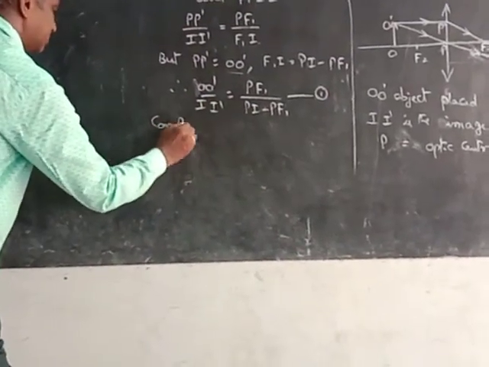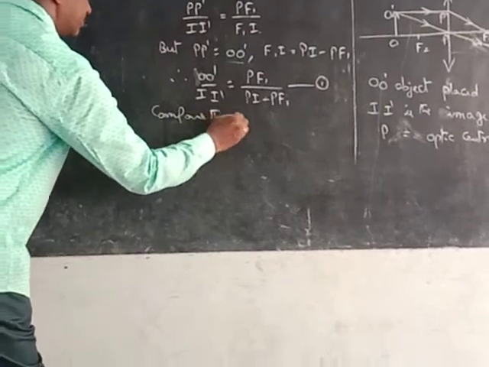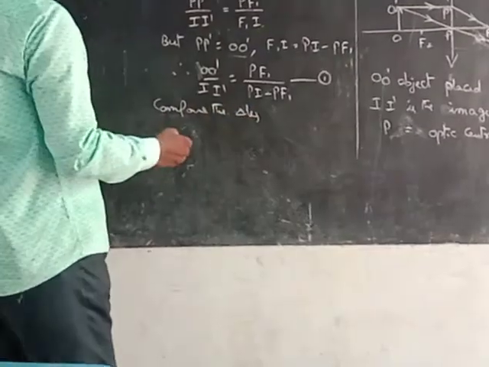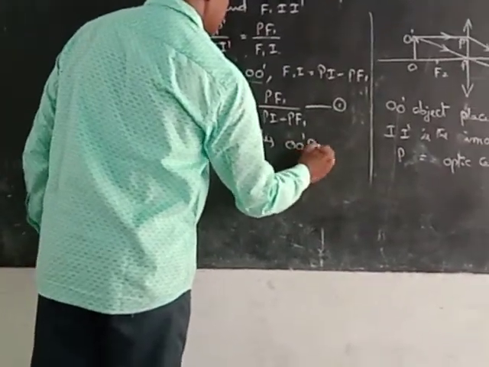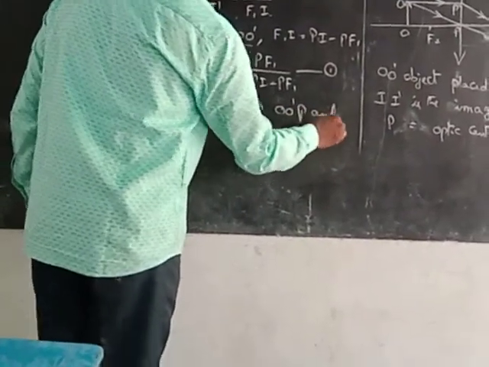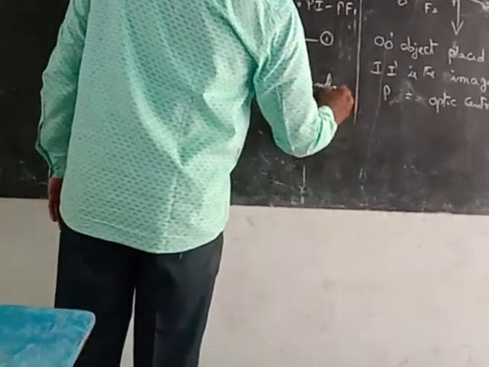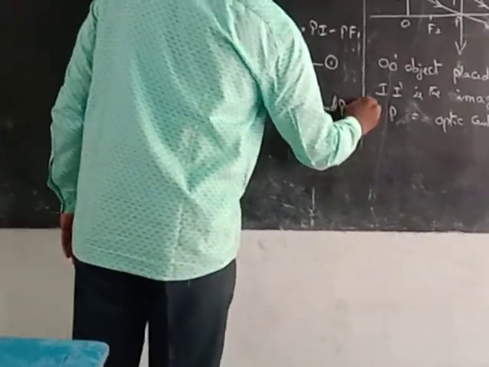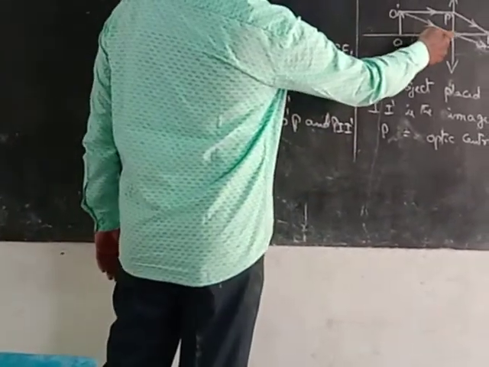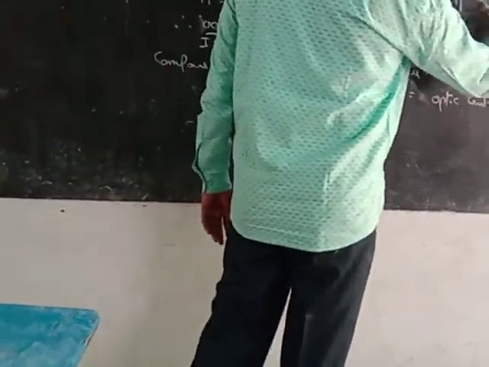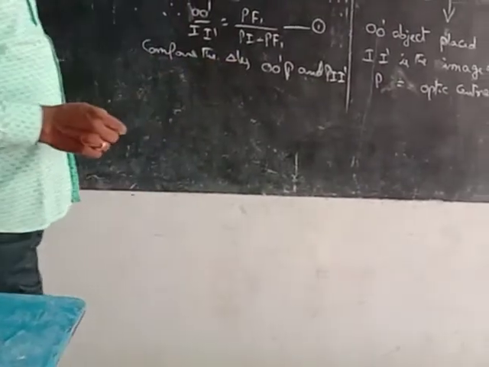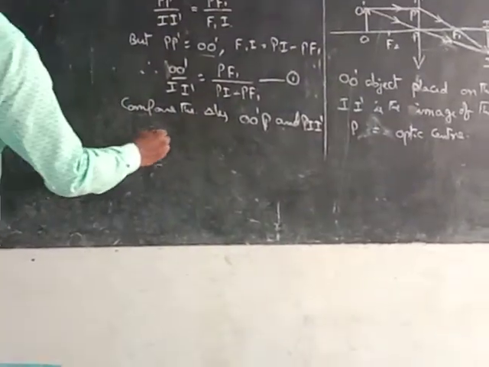Compare the triangles OO dash P and P I I dash. This is one of the right angle triangles. Another right angle triangle is P I I dash.